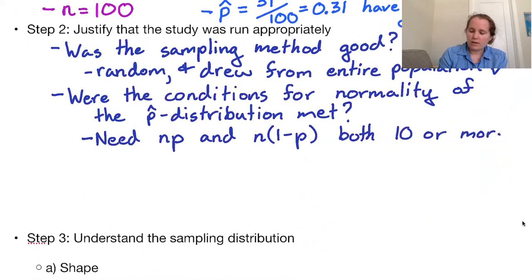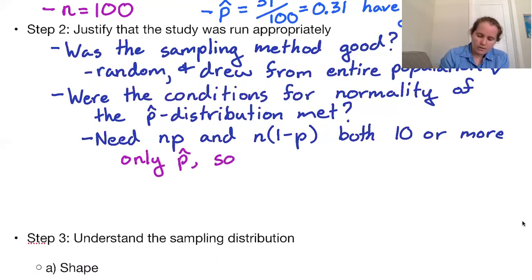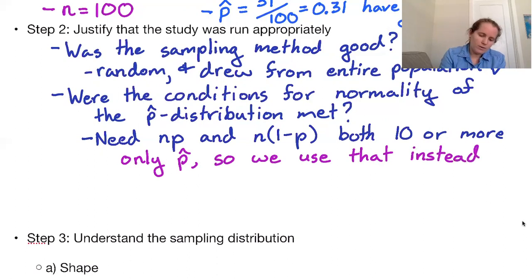So we have a little bit of a sticking point here, in that we do not actually know p. Instead, we know p-hat. So we use that instead. Using p-hat instead of p, n times p-hat is 100 times 0.31, or 31.